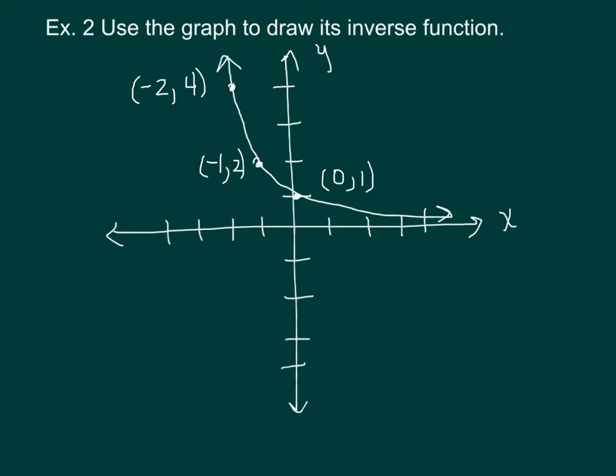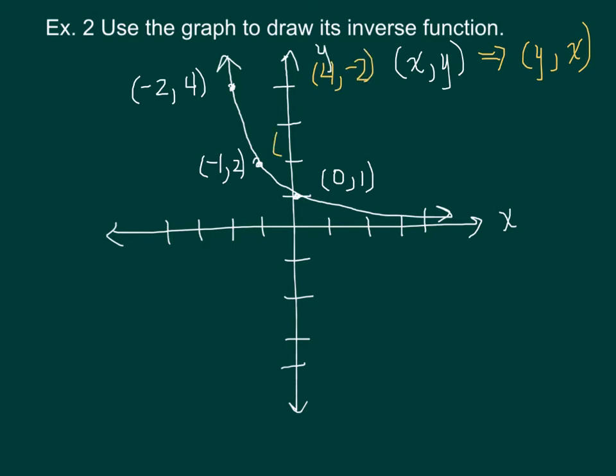And remember, inverse means you take the function f and you switch the x and y values. So y becomes x and x becomes y. So now this new point would be 4, -2.